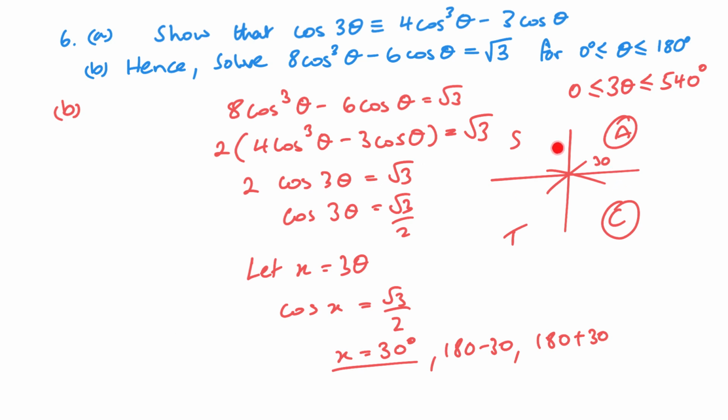So 1.5 turns. So this gives me x being 30, 150 and 210 degrees. But obviously that's x and we want theta, so 3 theta would have equaled these degrees, so theta is going to be 10, 50 and 70 degrees.